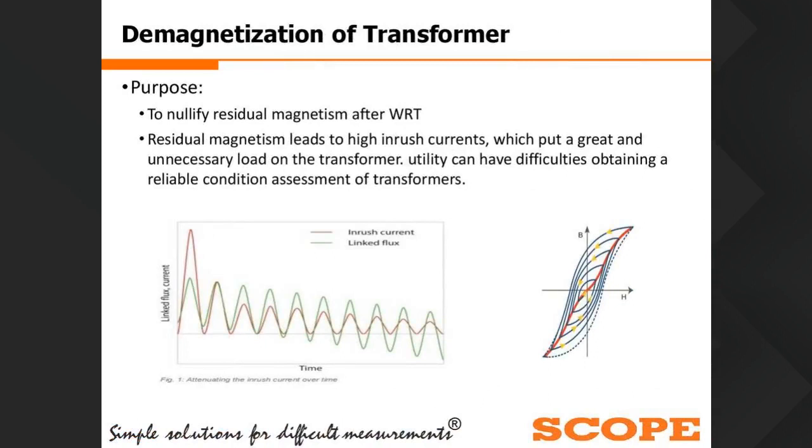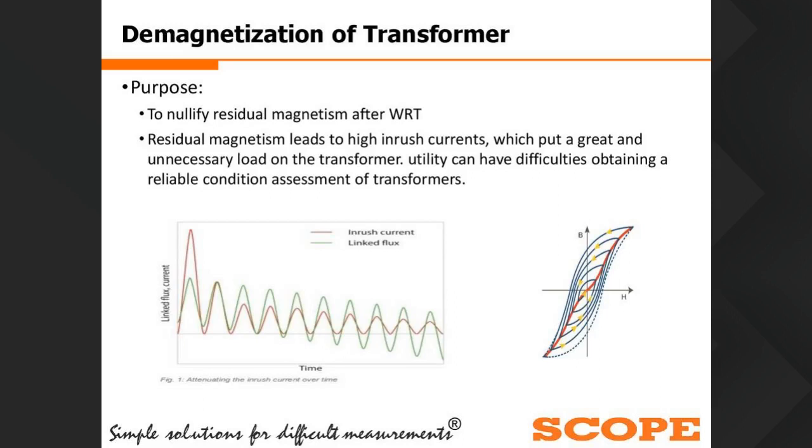Then the demagnetization feature we have added. Before going into some demagnetization points, we need to understand the purpose of demagnetization, why we need to do it. Basically, the purpose of demagnetizing the transformer is to nullify the residual magnetism after the winding resistance test.